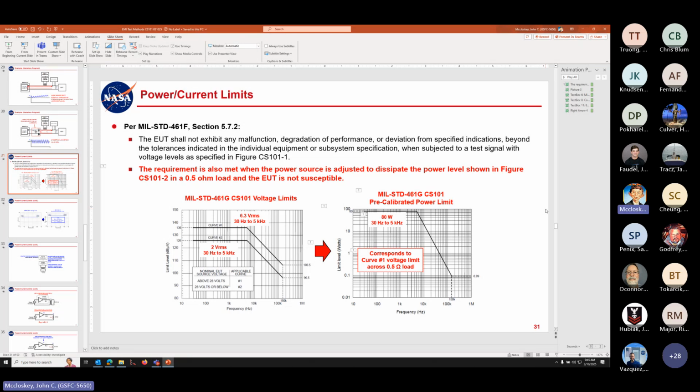I've gotten many waiver requests from people when this happens: oh, we weren't able to get the voltage limit because we power limited. And I'm able to pass along the good news: no, you don't need a waiver for that. You met the requirement. You did exactly what you were supposed to do.